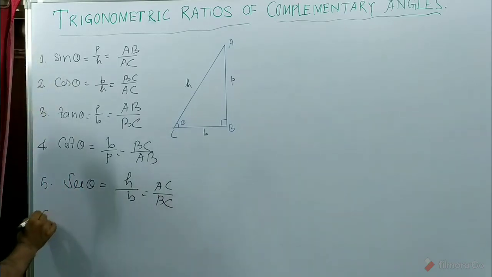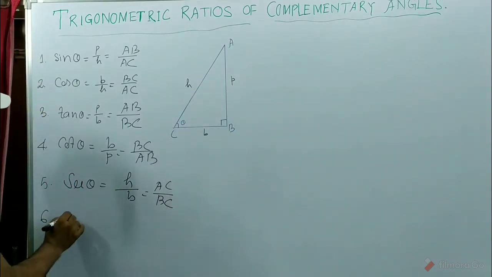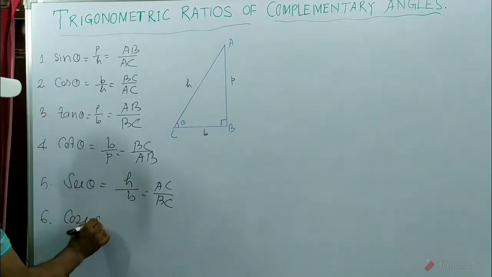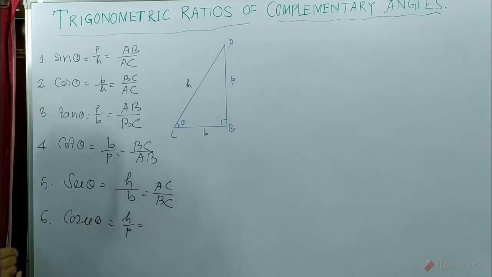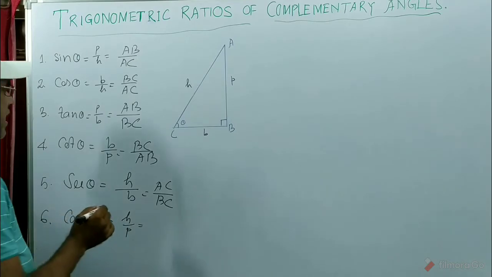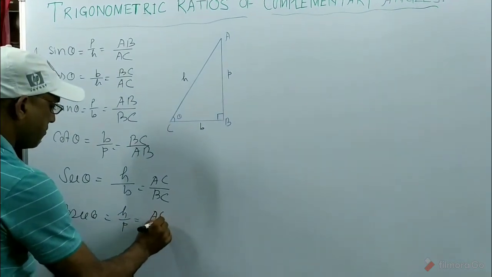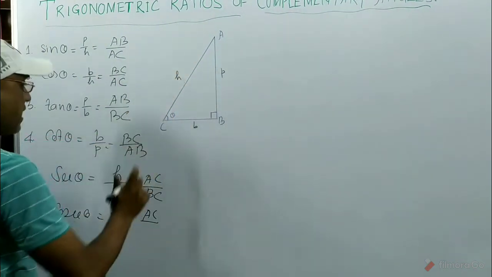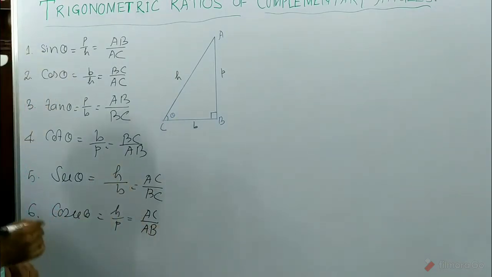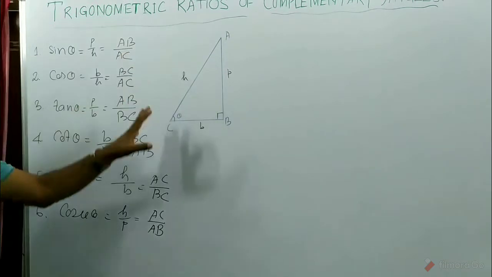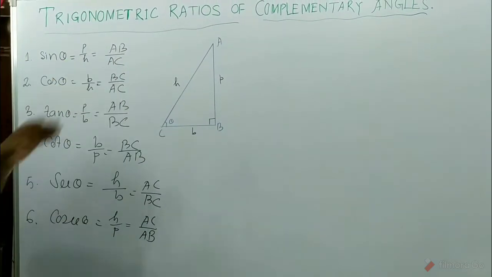Number 6, cosec theta equals H by P, so AC by AB. So we get these trigonometric ratios.